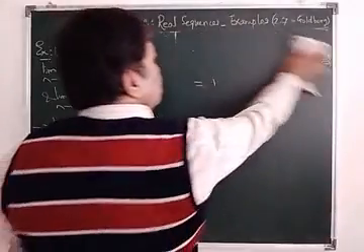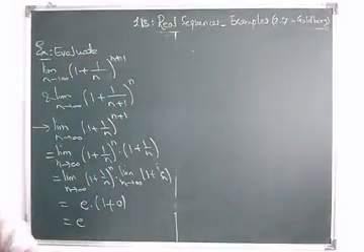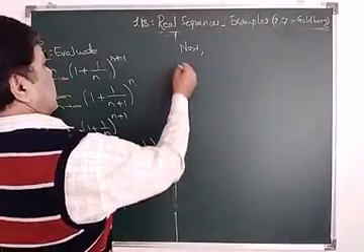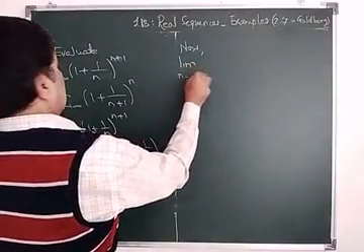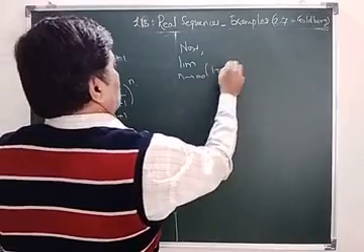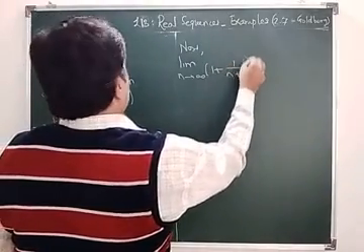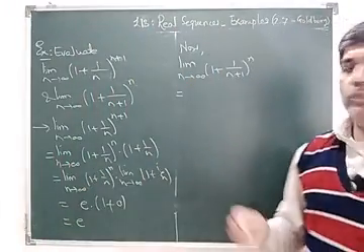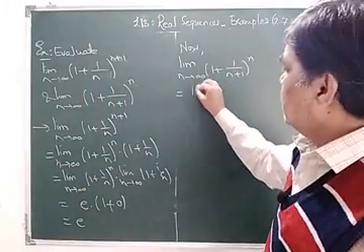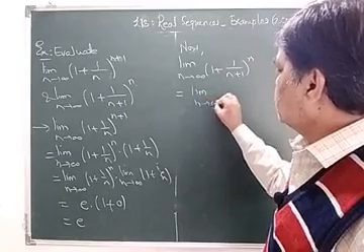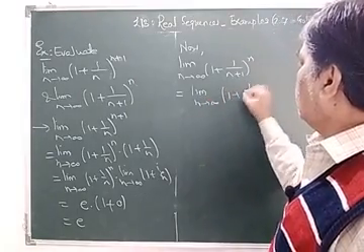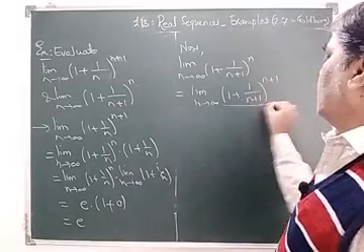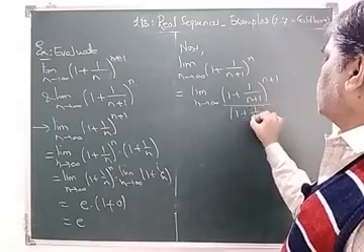Now next one, limit n tends to infinity of 1 plus 1 upon n plus 1 raised to n, which is equal to limit n tends to infinity of 1 plus 1 upon n plus 1 raised to n plus 1 upon 1 plus 1 upon n plus 1.